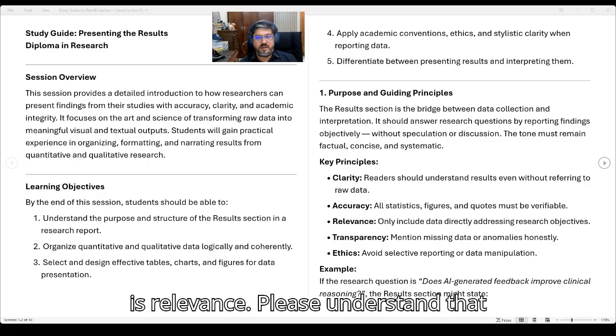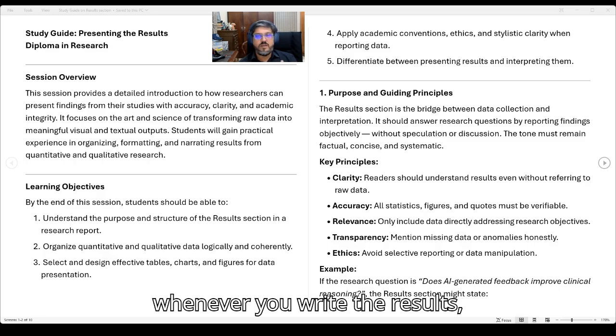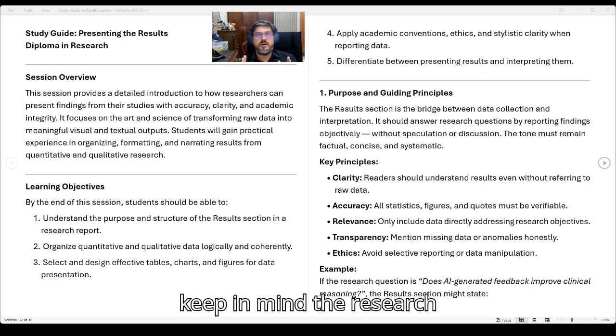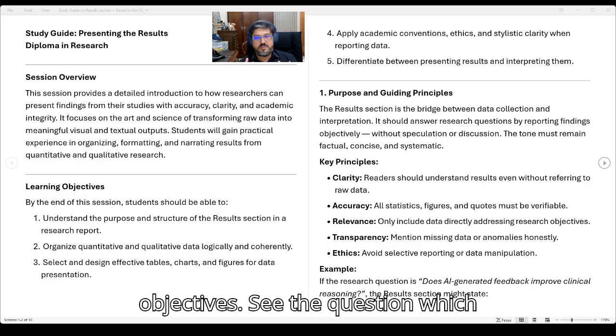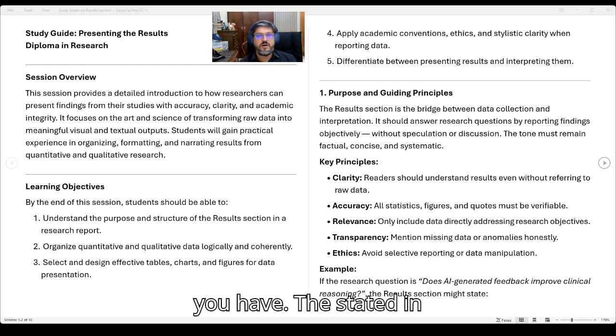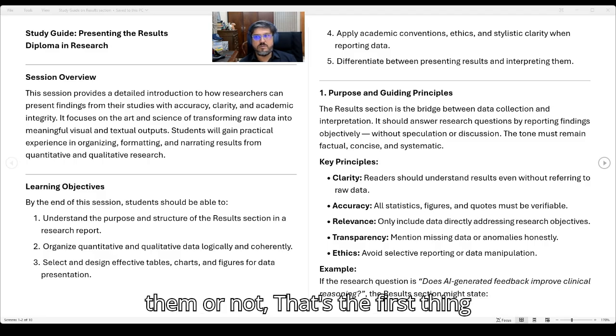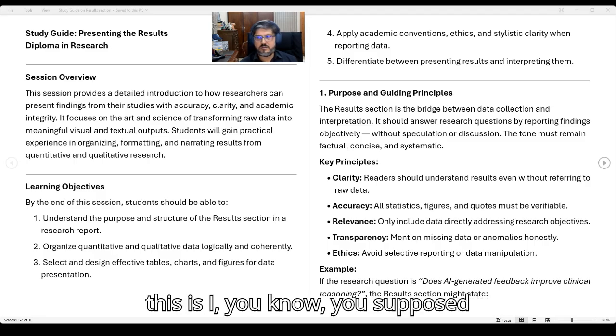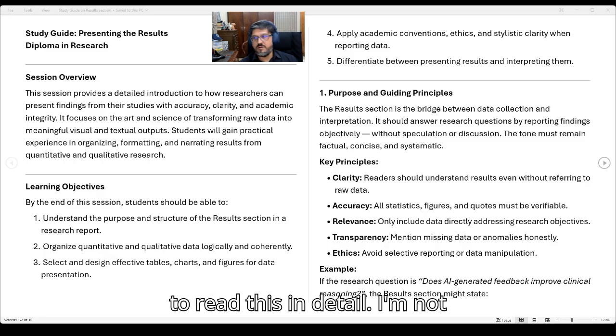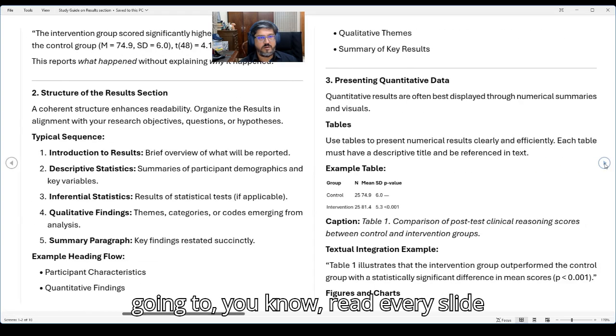Please understand that whenever you write the results, keep in mind the research objectives. See the question which you have stated in the beginning: are the results answering them or not? That's the first thing. I'm not going to read every slide from here.